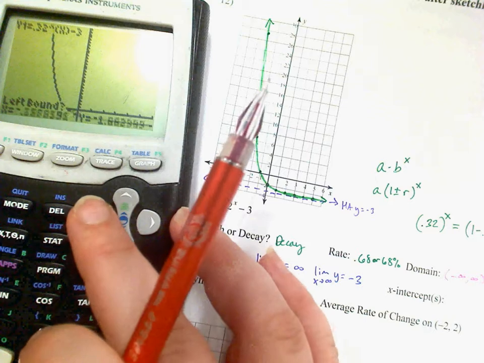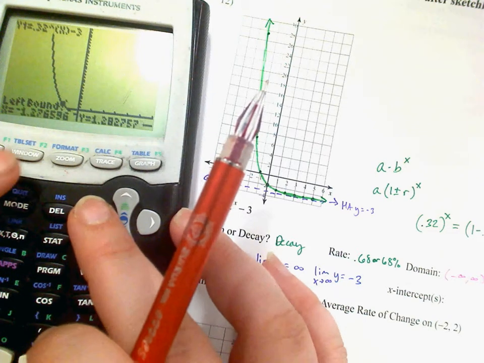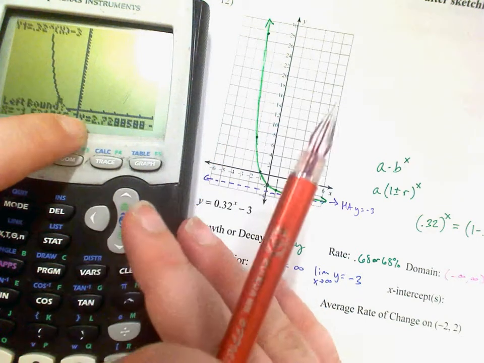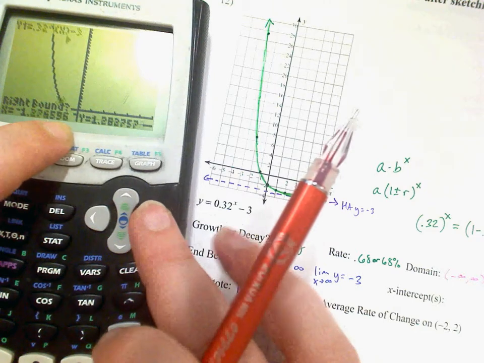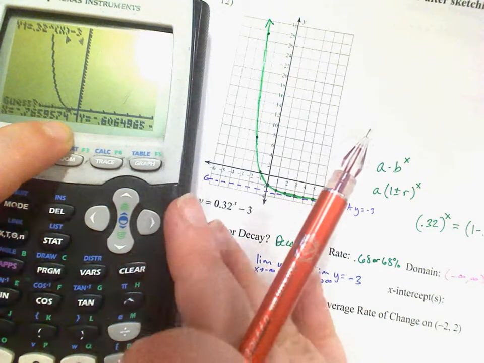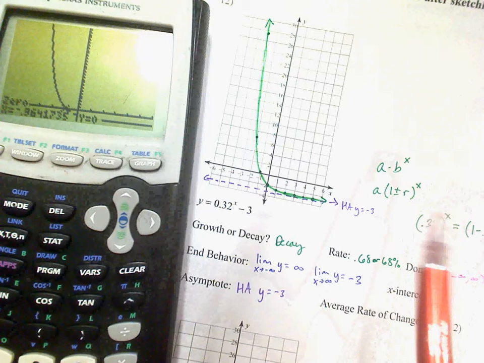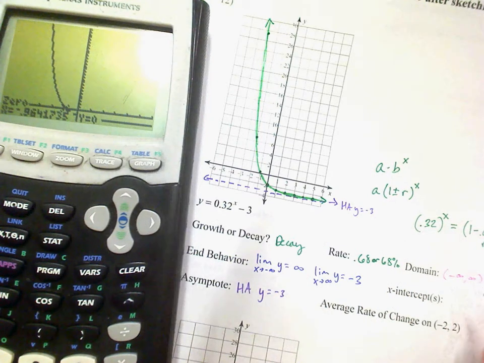I need to go to the left of the root, which in this case is going to be a positive y value, press enter, and then once I go below it, which has a negative y value, then I'm good on either side of it. Press enter, and I get that the x-intercept is -0.964, 0.